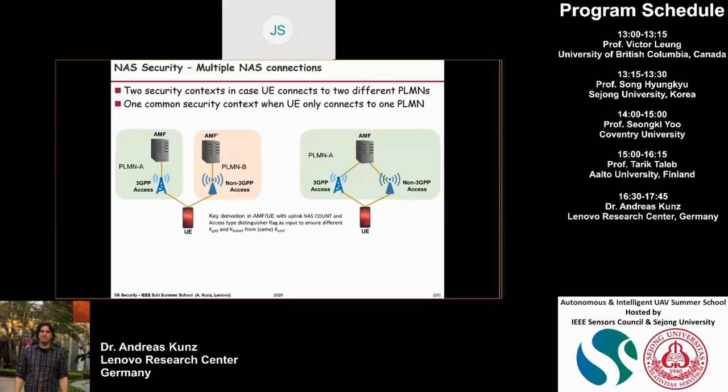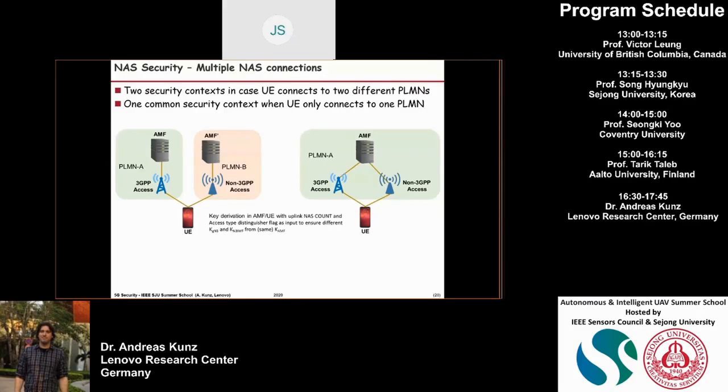So it would be connected to two different PLMNs. So the UE would have to have two different security contexts. And then there's the other version, that the non-3GPP access belongs to the same operator. Then a common security context is used for both.